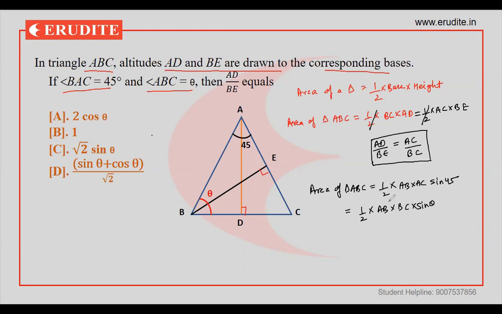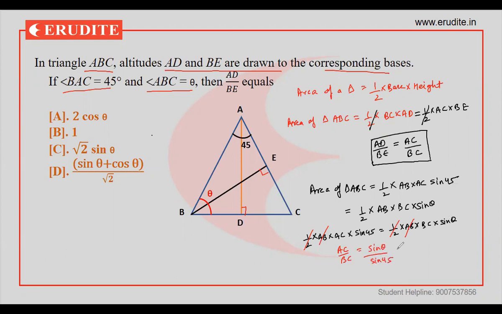So if I equalize these two again, guys, what will I get? Half AB into AC sine 45 equal to half AB into BC sine theta. Half and half are gone, AB and AB are gone. So AC upon BC, how much am I getting? Sine theta upon sine 45.